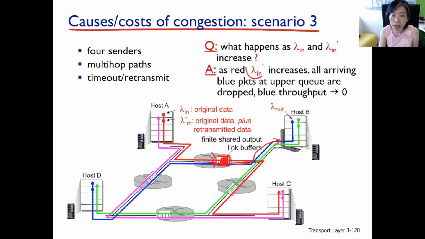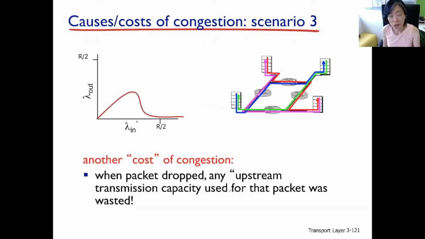So as lambda in prime increases, most of the arriving blue packets at the upper queue here get dropped, and therefore the throughput is very small. So you see right there in scenario 3, for the blue flow, when lambda in or lambda in prime is small, when the network is not saturated and the buffer does not overflow, then the more work we do, the more output we get.